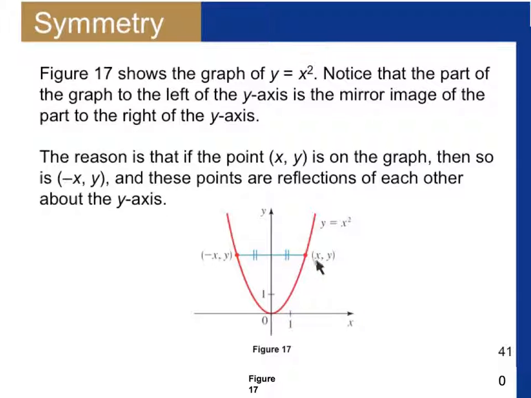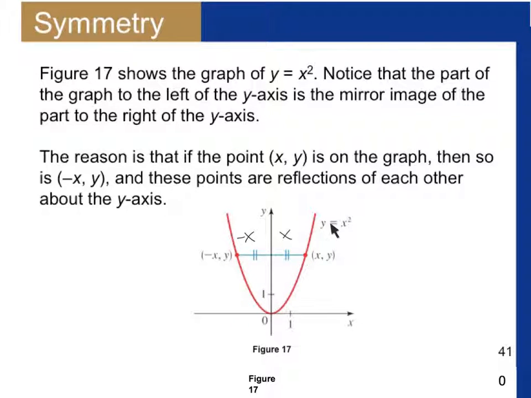So notice if this point is (x, y), if I go the opposite way horizontally, it becomes (minus x, y) because this distance here is x, and x here. So here I'm going x on the right, and on the left I'm going minus x. But it's the same distance. This distance is x and this distance is x.